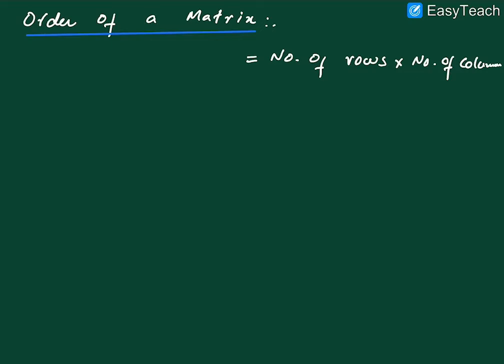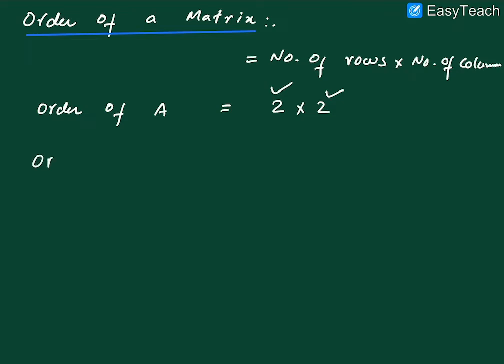For example, what is the order of matrix A? We have 2 rows and 2 columns. So 2 times 2. We will not say 2 times 2 is 4, just like this we will write. This is the number of rows and 2 is the number of columns.